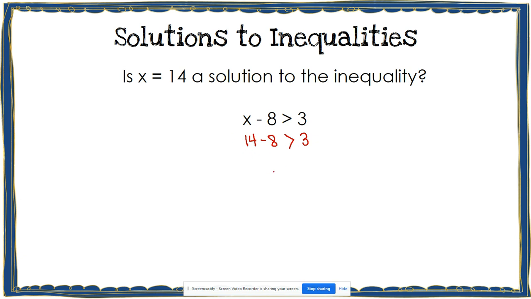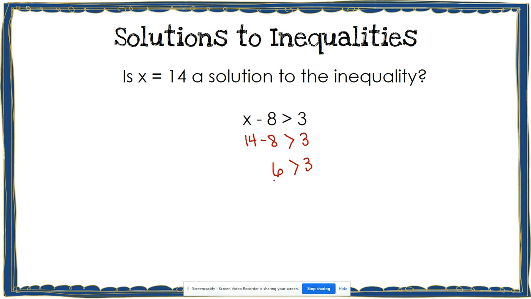Then I would solve 14 minus 8, which would be 6, and then the rest of my inequality says is greater than 3. Now, if this were an equation, I would say that x equals 14 is not a solution because 6 is not equal to 3. But this is not an equation, this is an inequality.